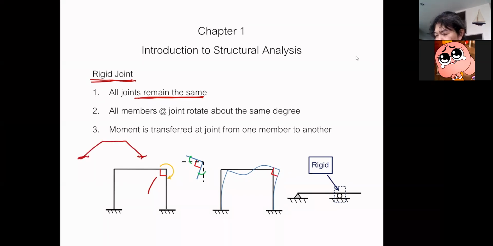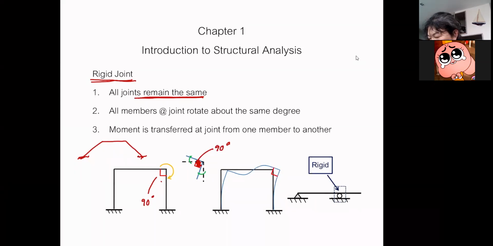But let's say the original angle is 90 degrees. After your structure has to carry the load, it will have the moment, and therefore the joints will rotate. But the rigid joint will rotate such that the angle remains the same. So if the original angle is 90 degrees, after the rotation, this 90 degrees must remain.